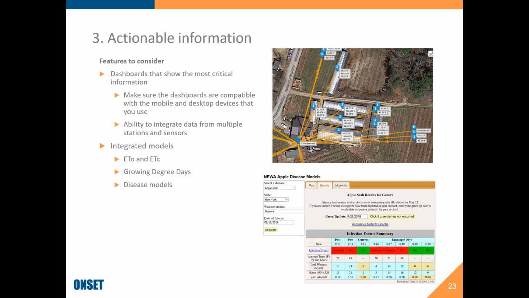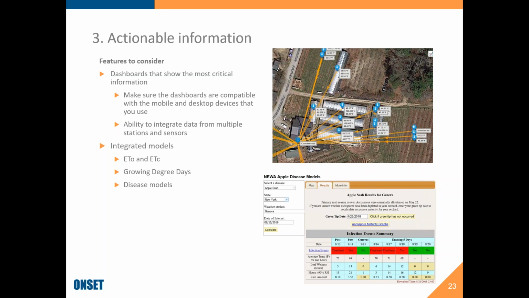Another factor that you may want to look for, again kind of grower oriented, is integrated models for the kind of decisions you're trying to make. ET, which is evapotranspiration. And actually, I hear a fair number of you that are in research are looking at evapotranspiration as well.